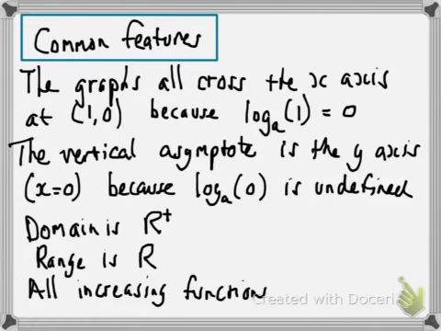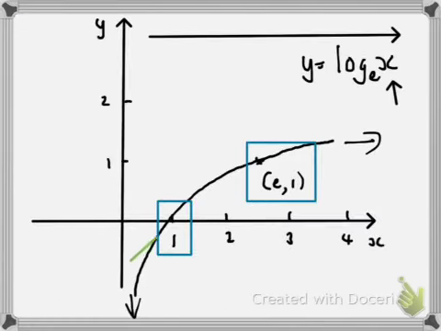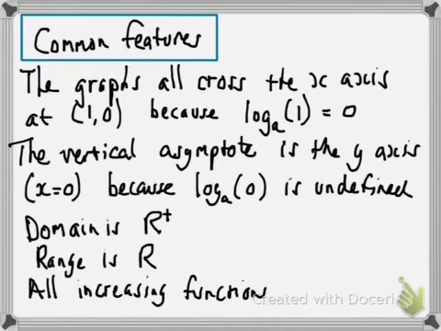If I get the gradient anywhere along this log graph, you can see it forms a positive gradient at any point there. So they're always increasing functions. Remember, functions that have positive gradients are what we call increasing functions. So they're the common features of logarithmic graphs to any base. You can pause that if you like and take some notes.